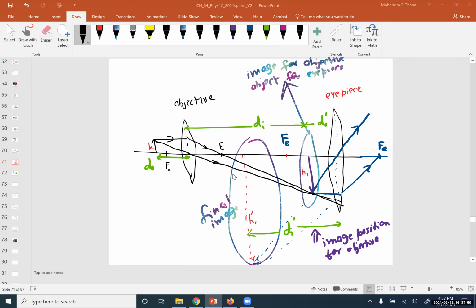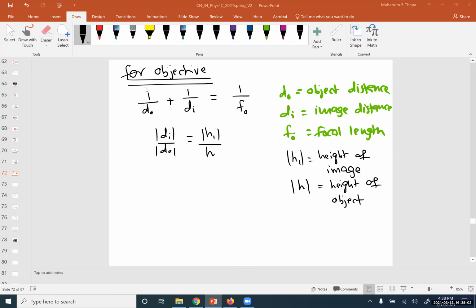So for the objective lens, we can write this equation: 1 over d naught plus 1 over di equals 1 over f naught. Similarly, we can write the ratio of height is equal to the ratio of image distance and object distance. Similar equations we can write for the eyepiece.